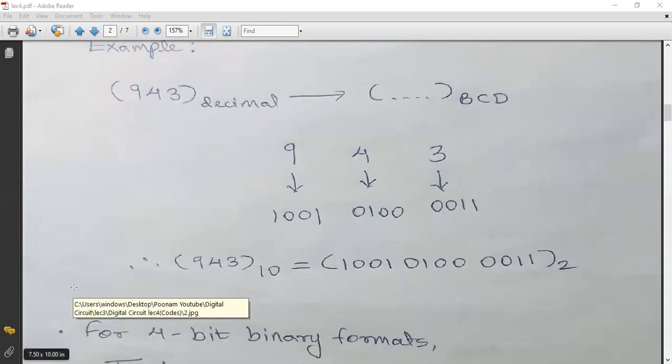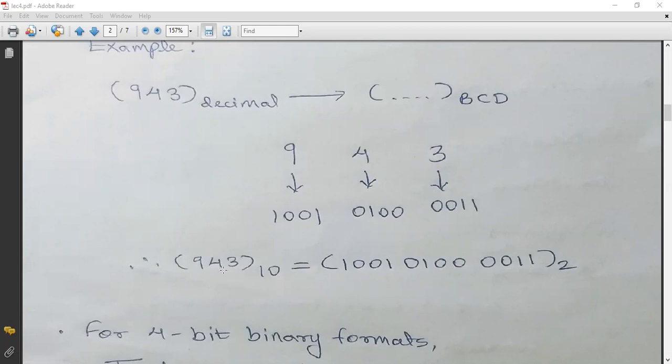So what we got is the conversion here. We have converted this decimal number into its BCD form, that is binary equivalent. So the answer is 1001 0100 0011 to the base 2. Why base 2? Because BCD is nothing but a type of binary code.